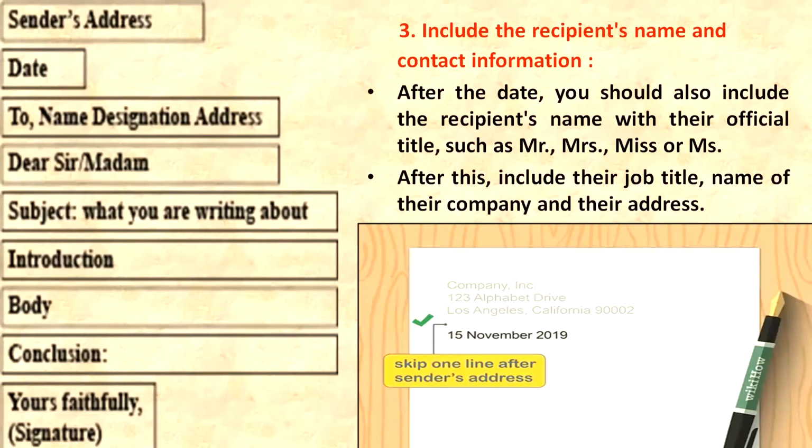After this, we need to include their designation and the address of their company. So, the recipient's name and contact information is the next important element in the formal letter.